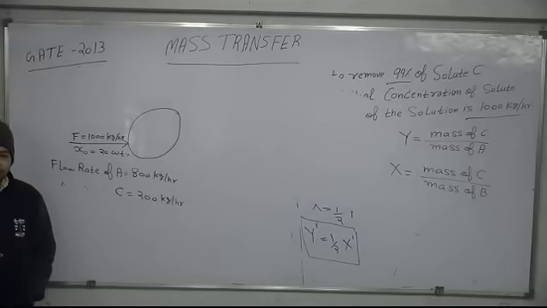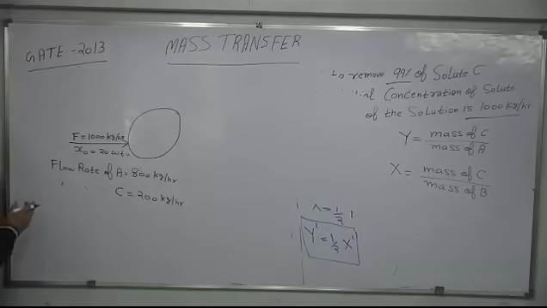Now, we know that in extraction questions, we deal with the solute-free basis. So I have to convert this question into solute-free basis. That's why I need to calculate capital X naught.